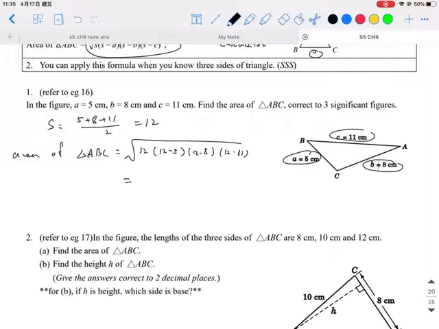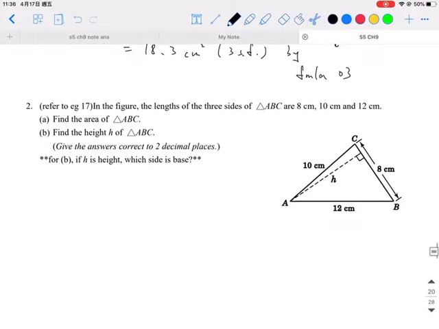And by calculator, you can get the answer, 18.3 cm squared. Okay, it is more convenient for you to just write down the values, write down the steps, and jump to the conclusion using the calculator.